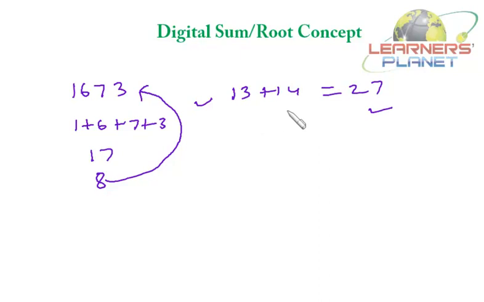Here, 1 plus 3 is 4 and 4 plus 1 is 5. So the digital root of LHS, that is the left hand side, is 9, and similarly the digital root of the right hand side is also 9, that is 2 plus 7. So it matches. Okay, let's take more examples.